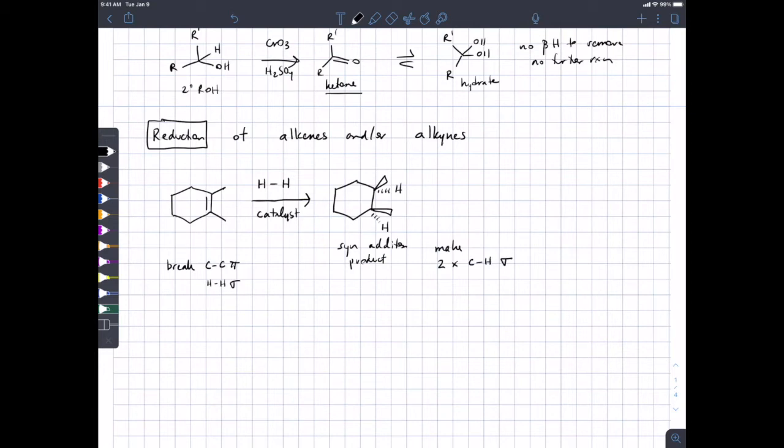And because sigma bonds are more stable than pi bonds, this is downhill in energy, exothermic.